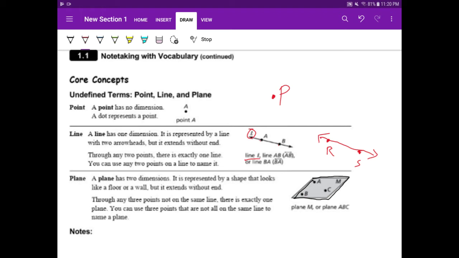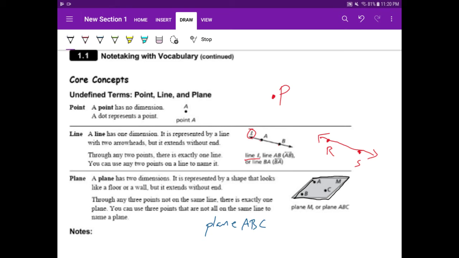Important thing to note here, to name a plane, you put the word plane and you pick any 3 points that are not in a straight line. So you can do A, B, C. M is not a point. A, B, and C are points.